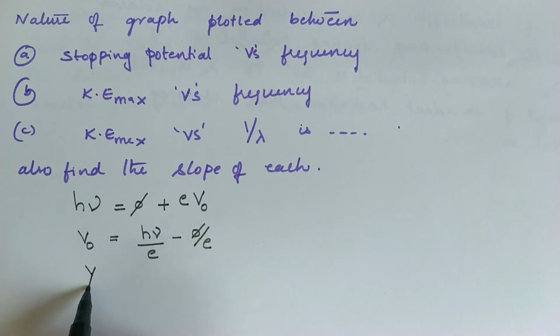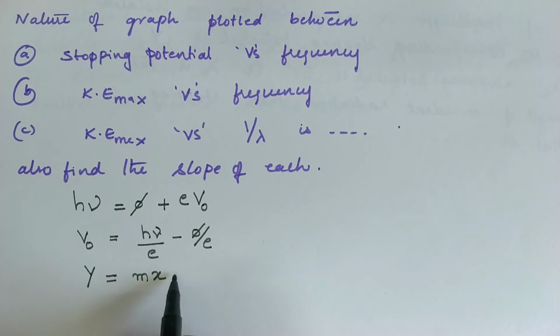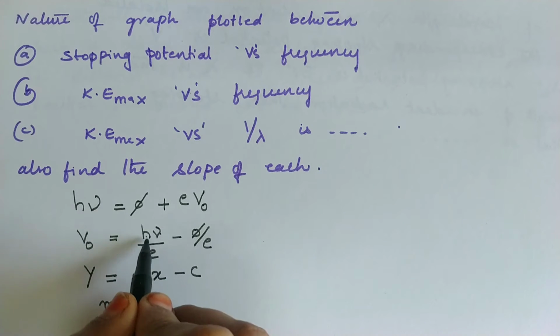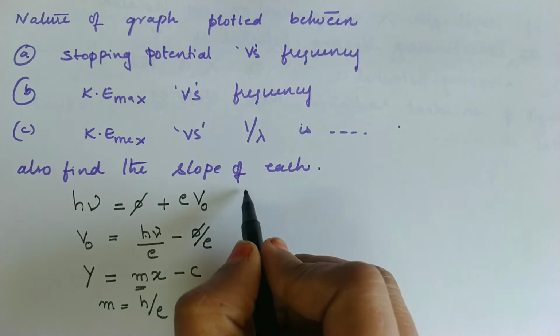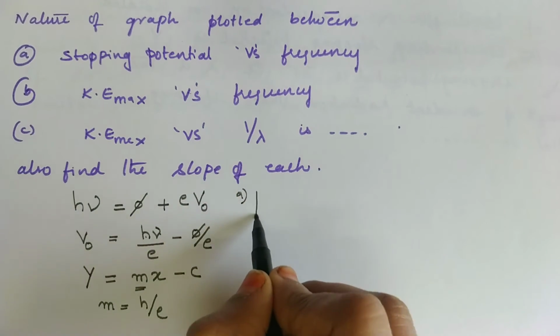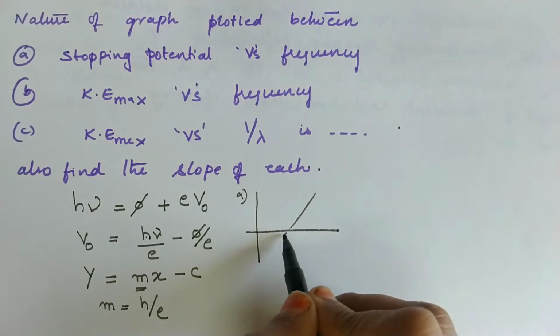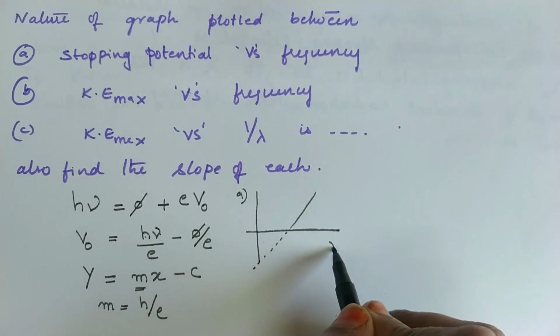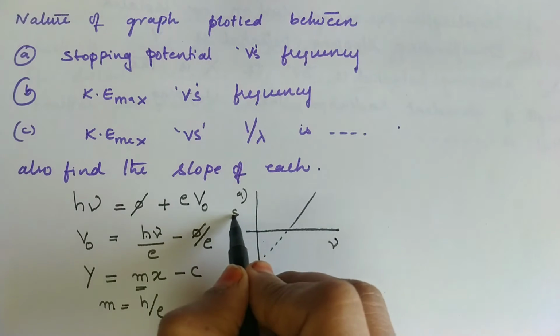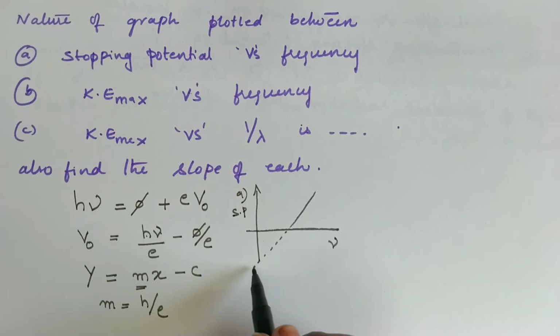So if V naught is taken on y-axis and frequency on x-axis, it comes out to be in the form y is equal to mx minus c. So what is the slope? h by e. In the place of m, we have h divided by e. So the nature of graph for the first bit will be a straight line with a positive slope and a negative intercept with frequency on x-axis, stopping potential on y-axis.